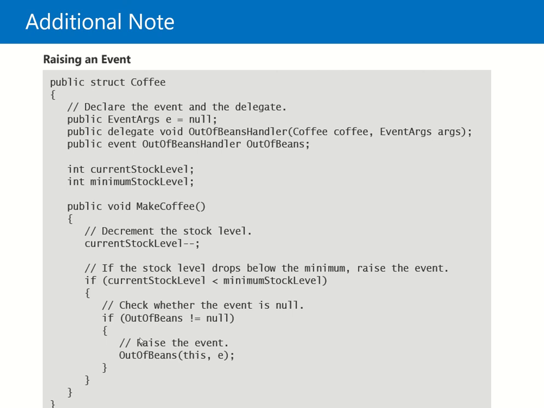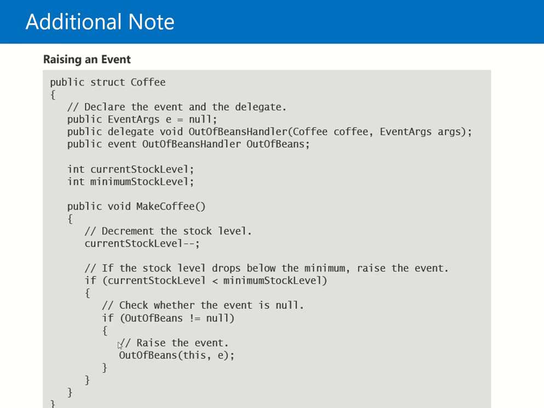So the next time you make a coffee again, it will be lesser than the minimum stock level. This is where you can call your event. Before you call your event, make sure you check whether anything subscribes to our event, our delegate here. Remember, you created the delegate with the expectation that later on in the coding, an event handler is going to subscribe to our event.